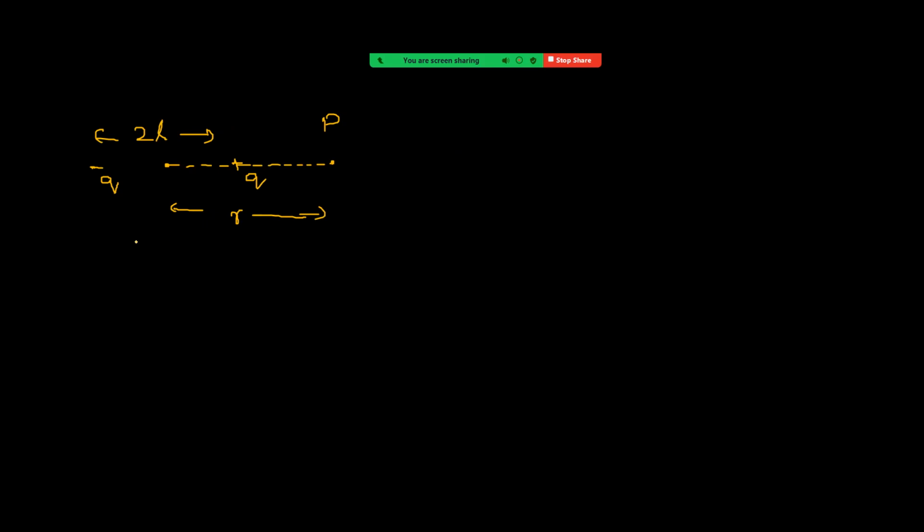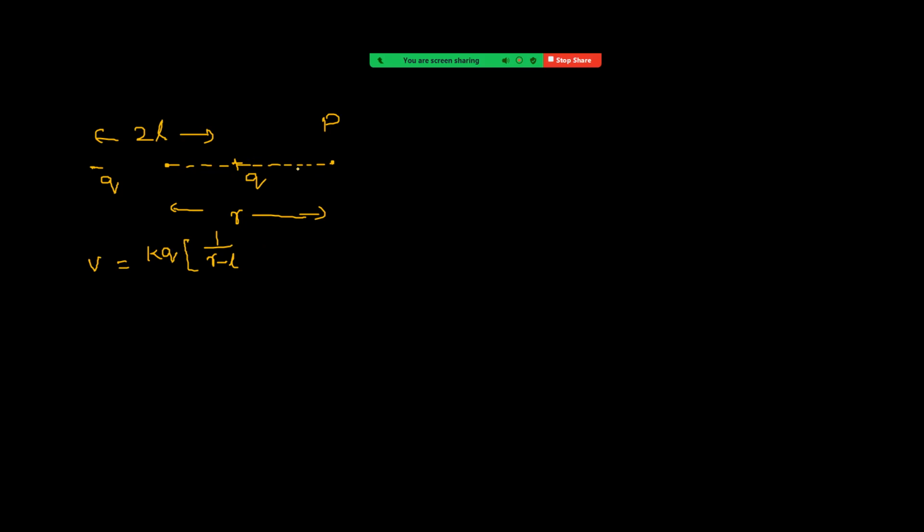Because of positive charge, potential is kq into 1 by distance from positive charge, that is r minus L, right? See carefully, from midpoint of dipole up to P is r.